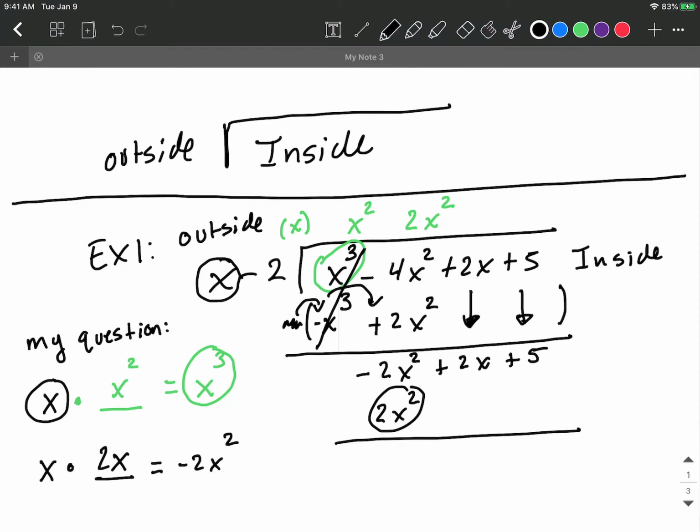So if I have 2x squared here, and that's coming from x times 2x, I also have to do negative 2 times 2x. Sorry, not negative 2x squared, just 2x. So we're going to overall get negative 4x.